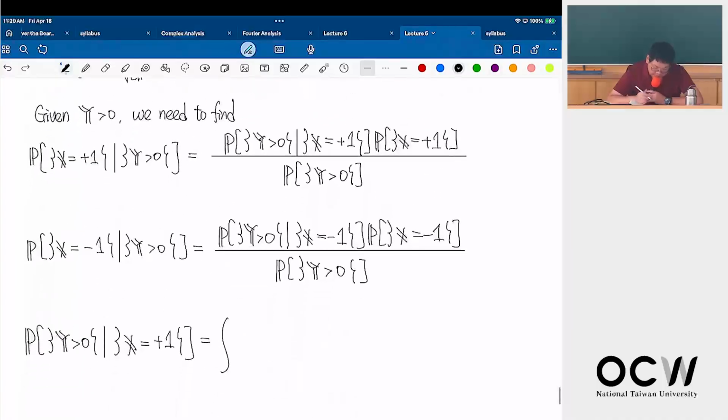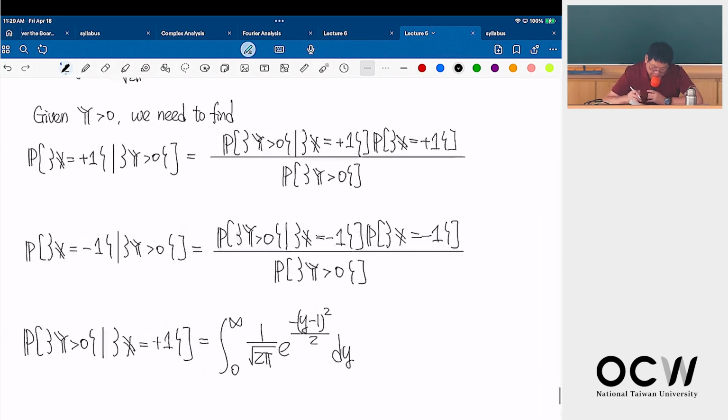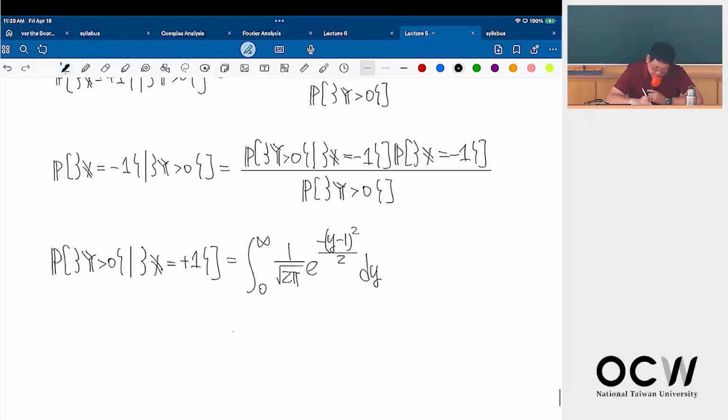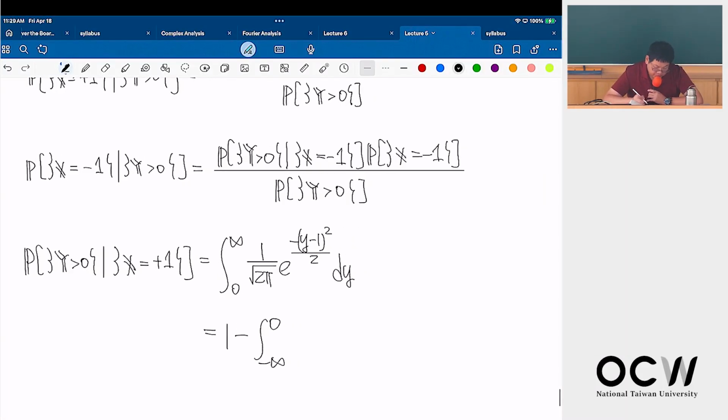So that's the integral from 0 to infinity of 1 over square root of 2 pi, e to the minus (y minus 1) squared divided by 2, dy. That's 1 minus the integral from minus infinity to 0 of the same.